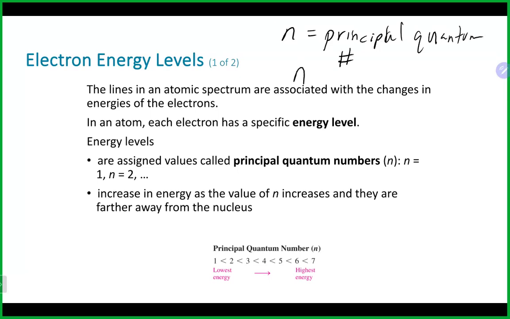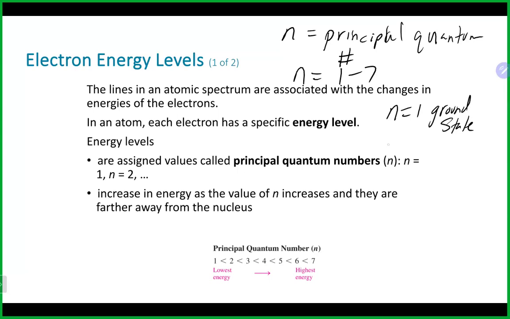And n could have values of 1 through 7. Basically, n equals 1 is what is referred to as the ground state. That is the most stable state. That is the one that is closest to the nucleus. It is the lowest in energy.